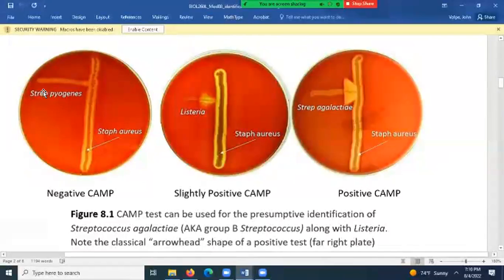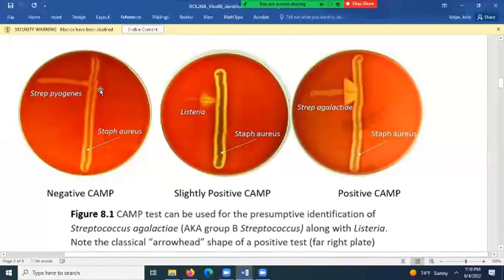When we grow some bacteria near Staphylococcus aureus, like Streptococcus pyogenes, we see little if any enhancement of hemolysis by the Streptococcus pyogenes, shown here. It looks similar in this region as opposed to the region away from Staphylococcus aureus.